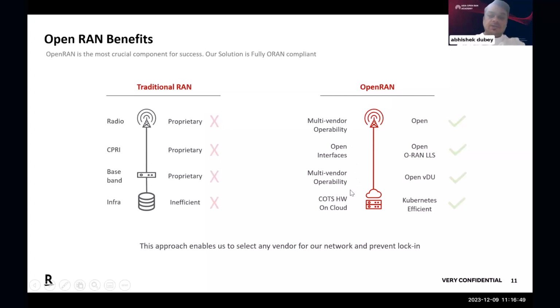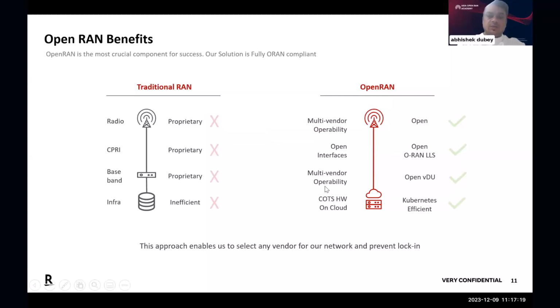Now for the baseband unit, we have the split as per the 3GPP split. We can have the DU and CU nodes, which can be deployed based on the customer requirement, centrally in one centralized data center, or in some edge data center near the sites.